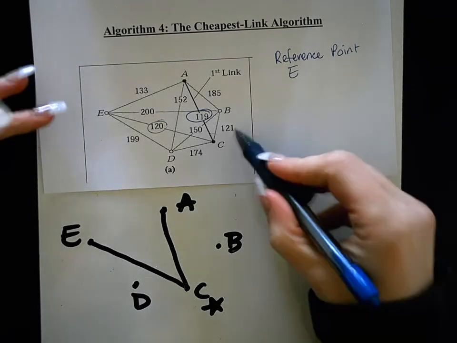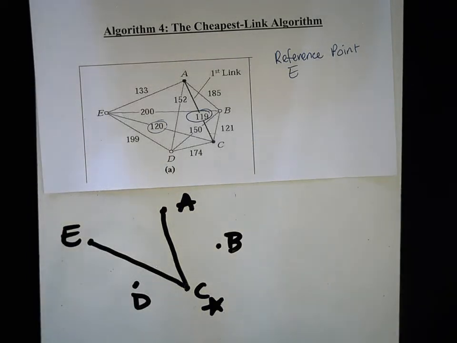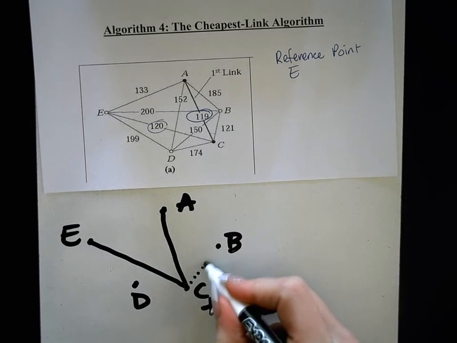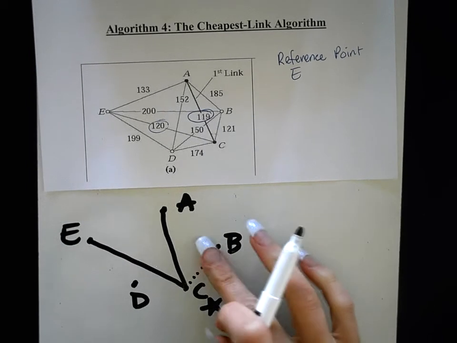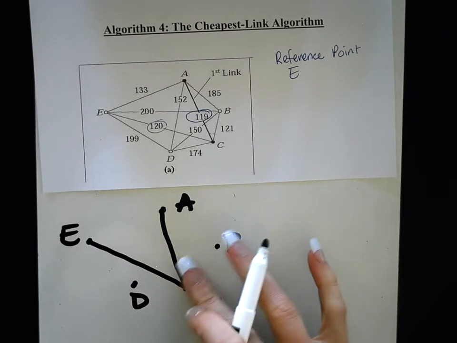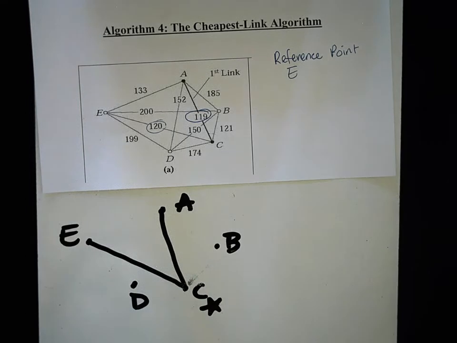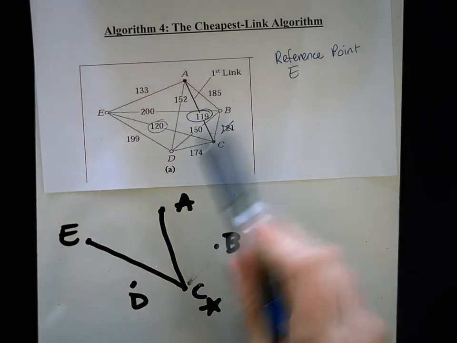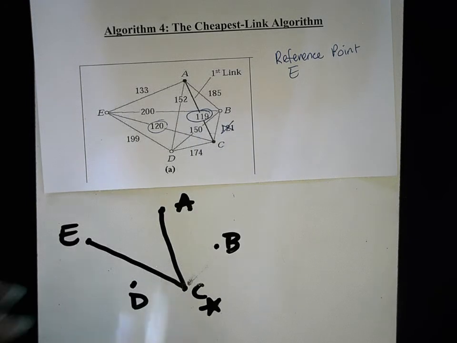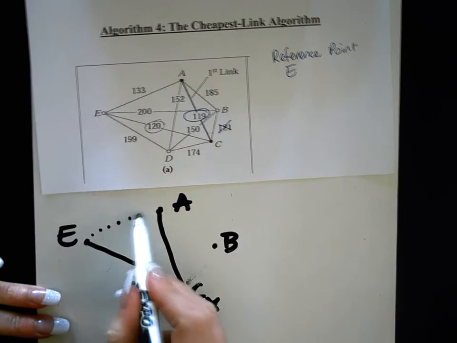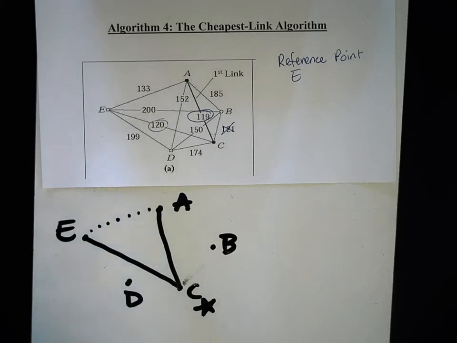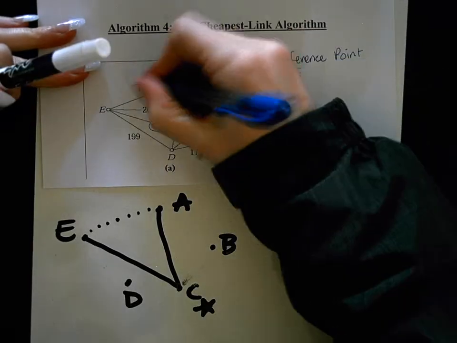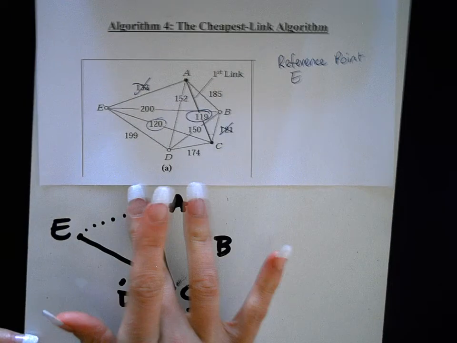The next smallest number is 121 from C to B, but C is closed, so we can't use that option. That option is out. The next smallest number would be 133, but that would close the circuit, so that is not an option either.